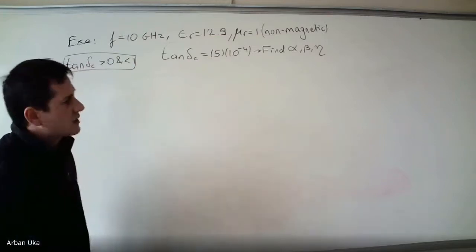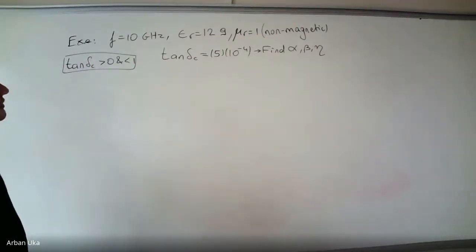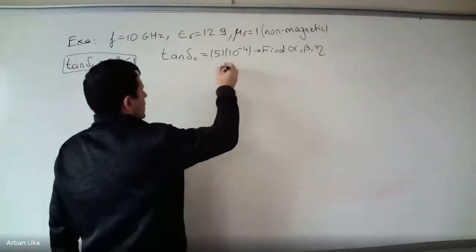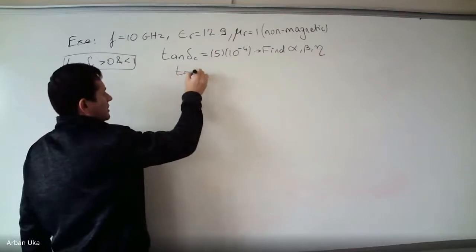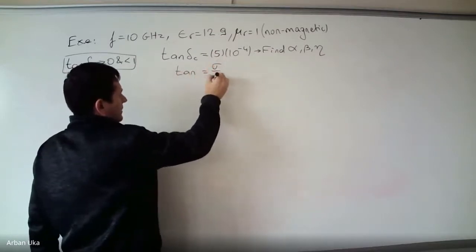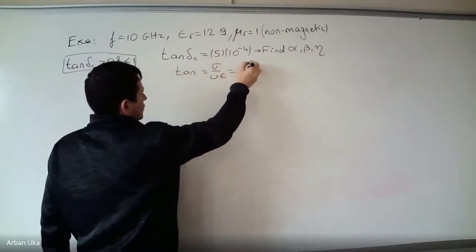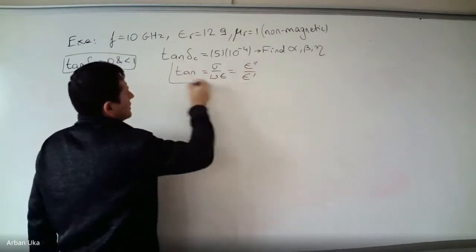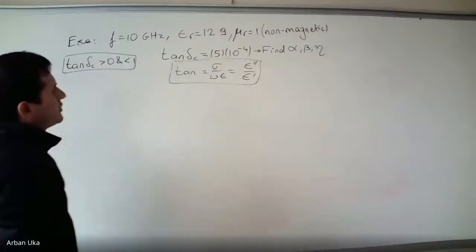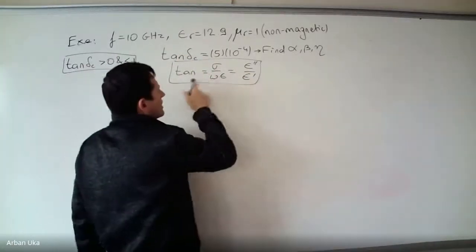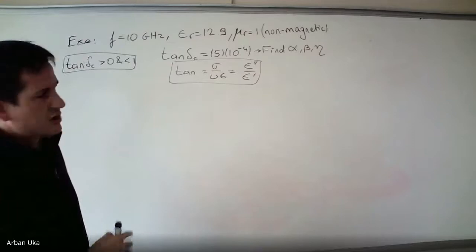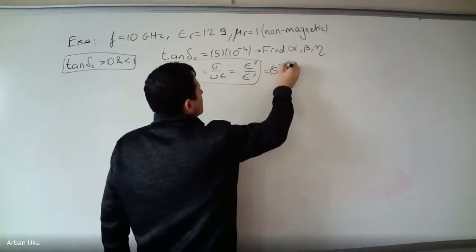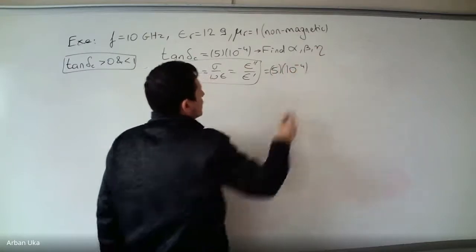If it's ever needed to find that, we can use these expressions that the tangent was equal to sigma divided by this number, and also this divided by this, okay? So these three expressions are equivalent to each other. They numerically report the same value, 5 times 10 to the power minus 4.